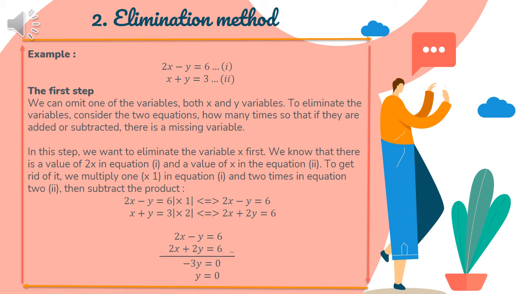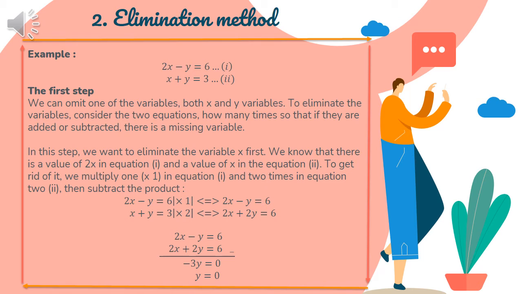We know that there is a value of 2x in the first equation and a value of x in the second equation. To get rid of it, we multiply 1 in the first equation and 2 times in the second equation, then subtract the products. 2x minus y equals 6, multiply 1, produces 2x minus y equals 6.